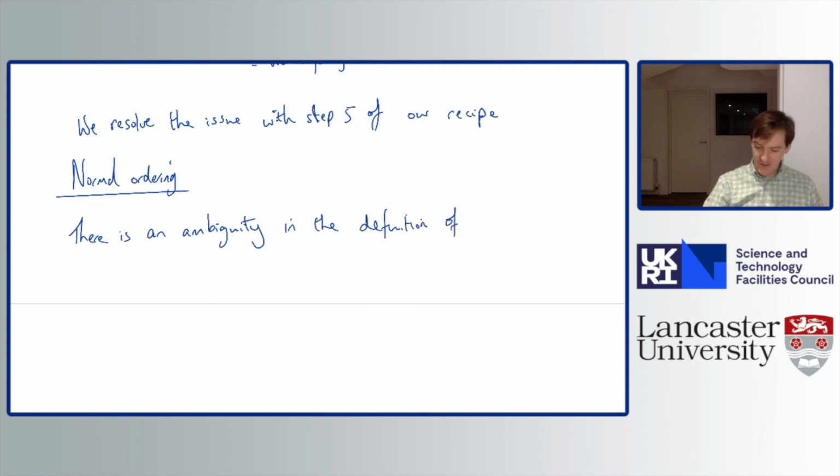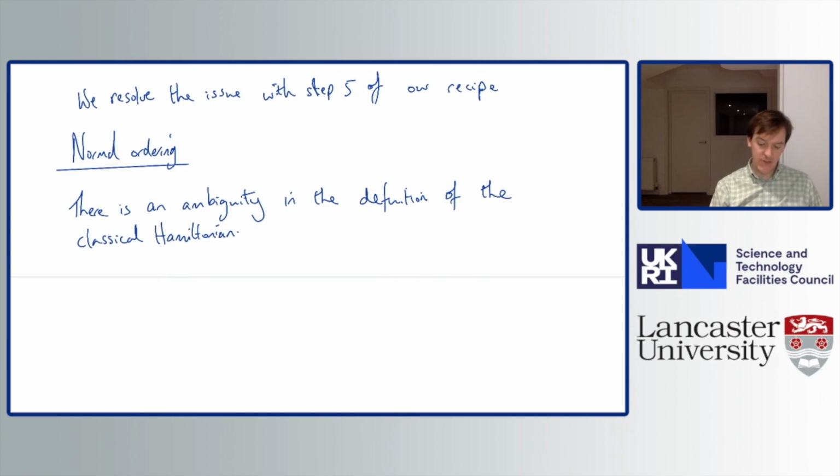In particular, there's an ambiguity in the definition of the classical Hamiltonian. Let me tell you why. We were using the classical Hamiltonian, let me call it H_1, which was p^2 over 2m. This is just the Hamiltonian for a single harmonic oscillator.